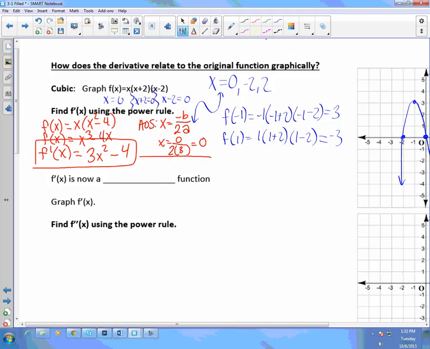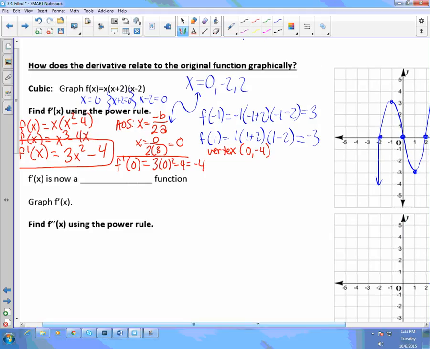F prime of 0, we have the prime because we've done the derivative. F prime of 0 is 3 times 0 squared minus 4, so we get negative 4. So our vertex is the point 0, negative 4. Take your second colored pencil and plot the vertex 0, comma, negative 4.